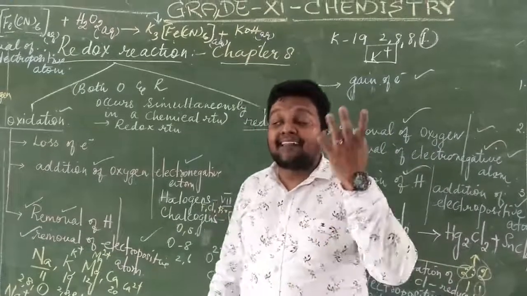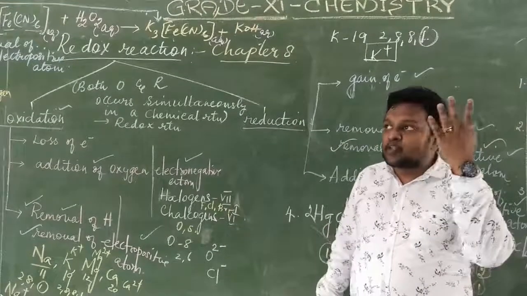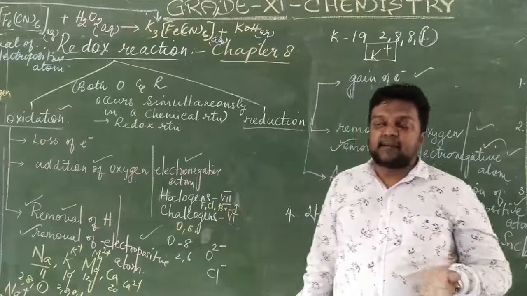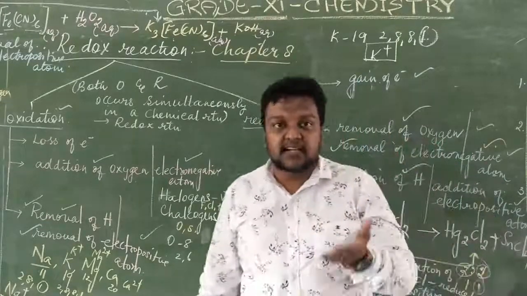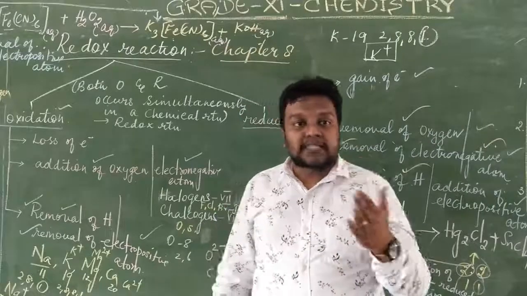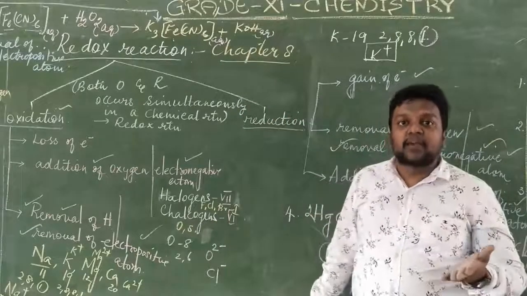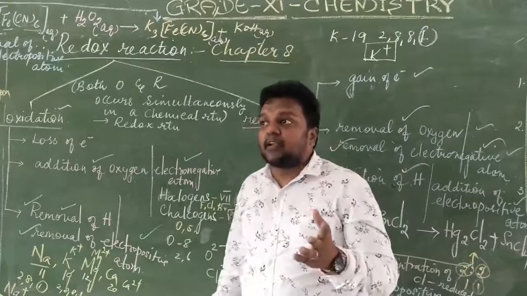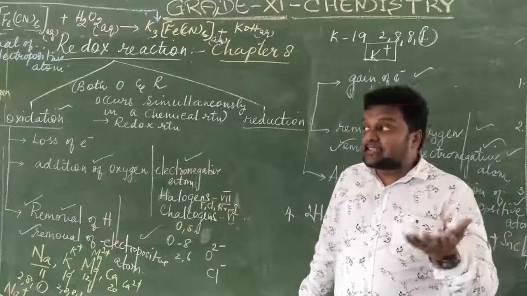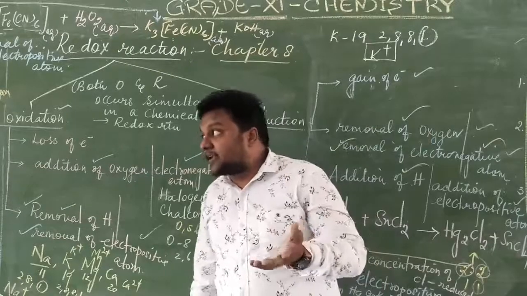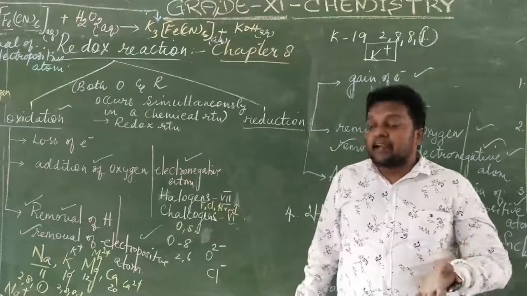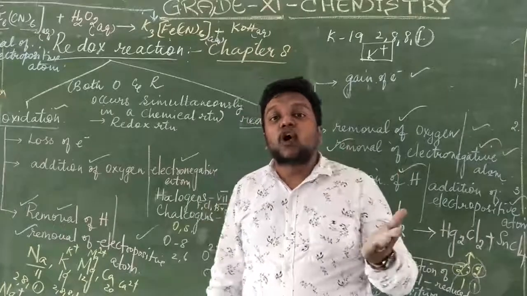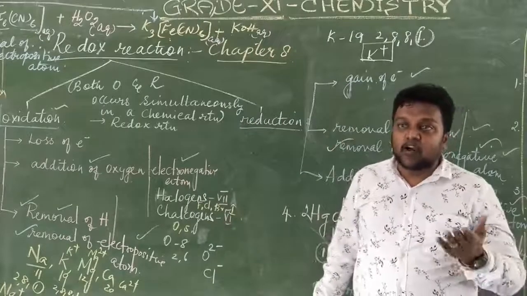Similarly, when crackers are burned, they produce colorful lights. That is also because of the redox mechanism. Similarly, respiration taking place inside the body, oxidative metabolism, we also call the redox mechanism. And one very important application: the batteries we use for cells, for cars, rechargeable batteries, everything is based on the redox mechanism.